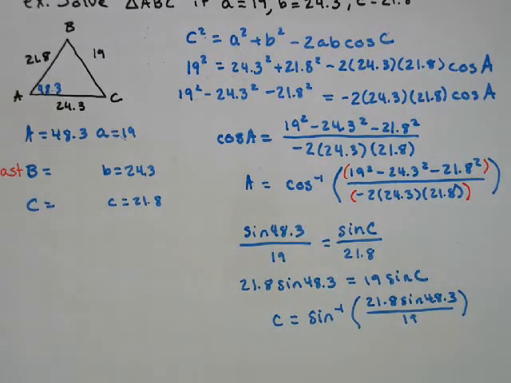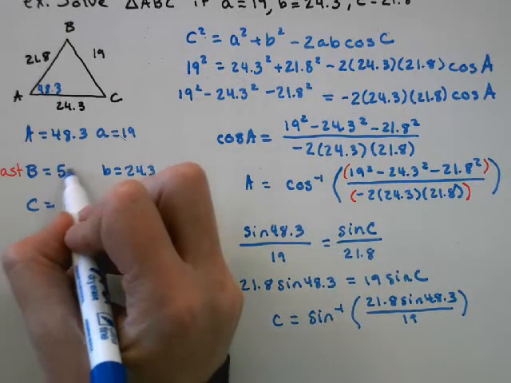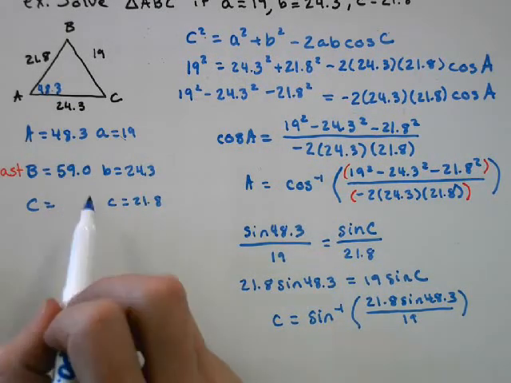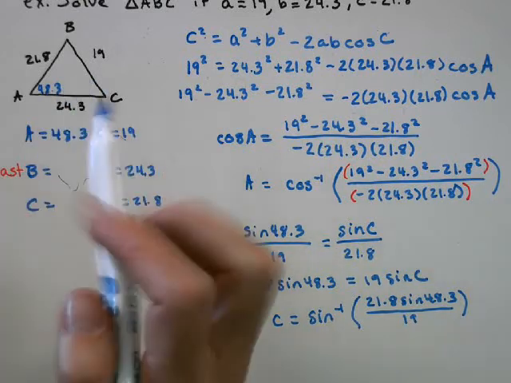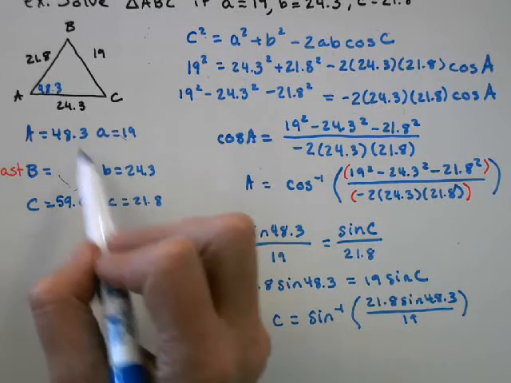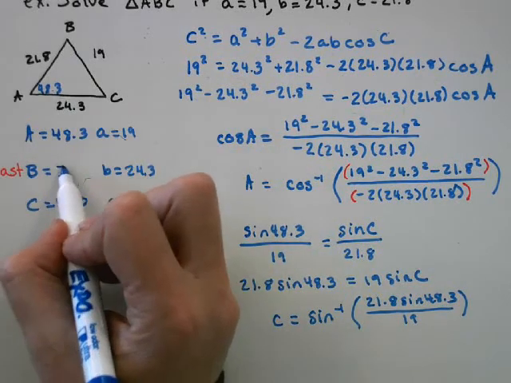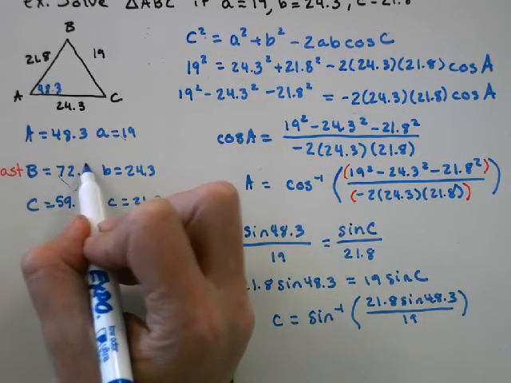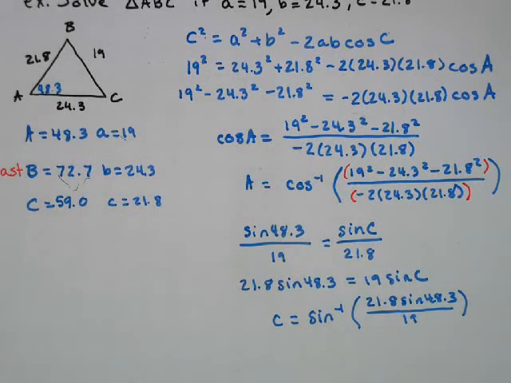Okay, so when we type all of that in the calculator, we get 59.0. Then for our third angle, we will subtract from 180, which gets us 72.7.